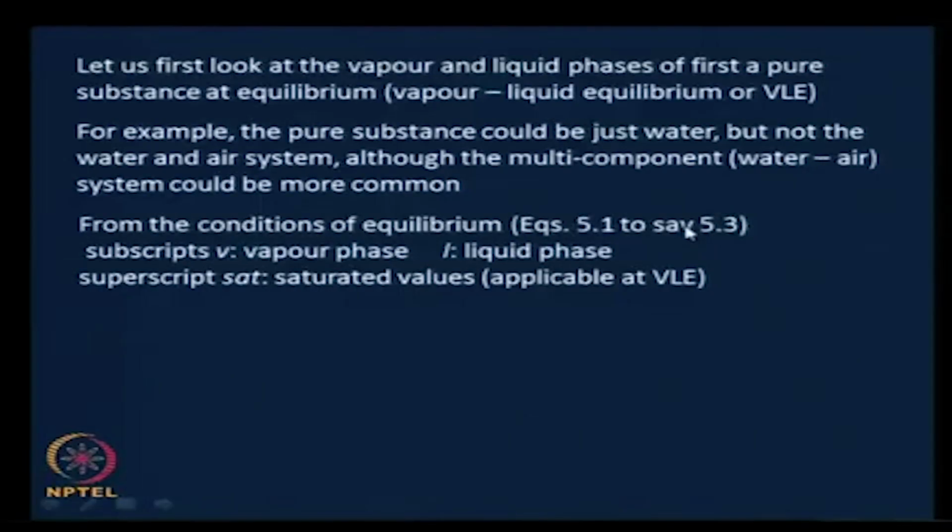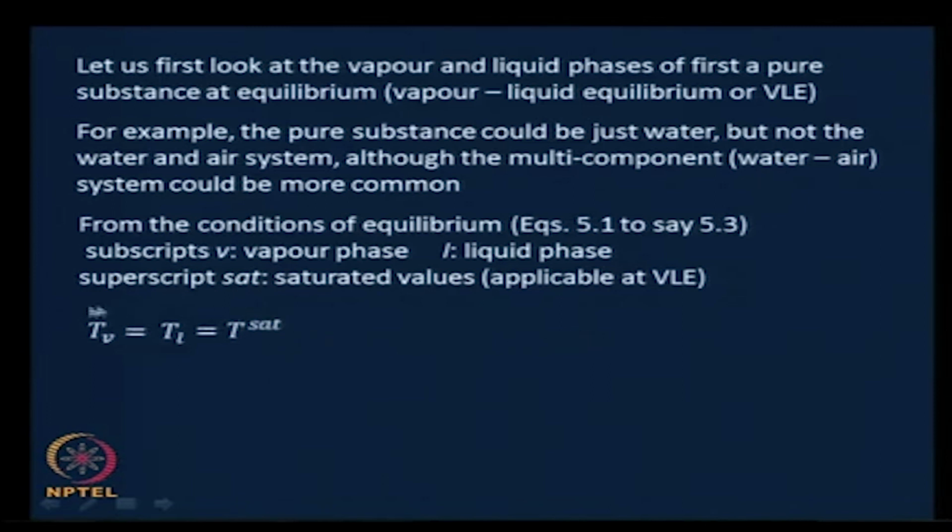So, the conditions of equilibrium phi 1 to phi 3 say exactly what I just said, and also we are going to use subscripts V for the vapor phase and L for the liquid phase, and SAT for representing saturated values of temperature, pressure and so on, which is applicable at the vapor liquid equilibrium conditions.